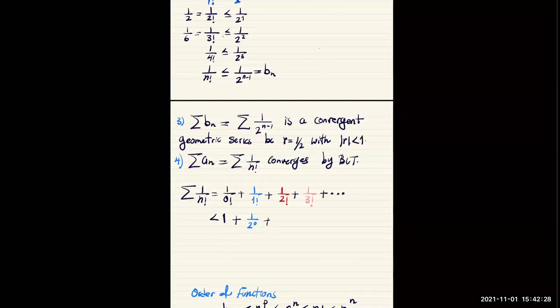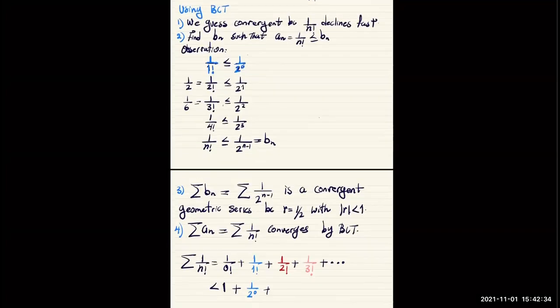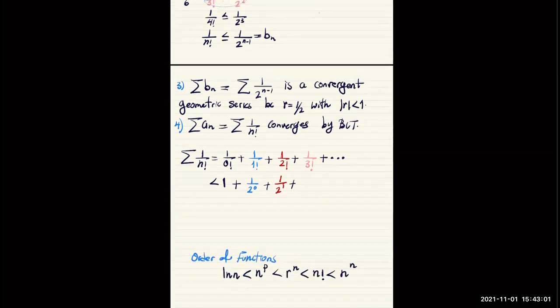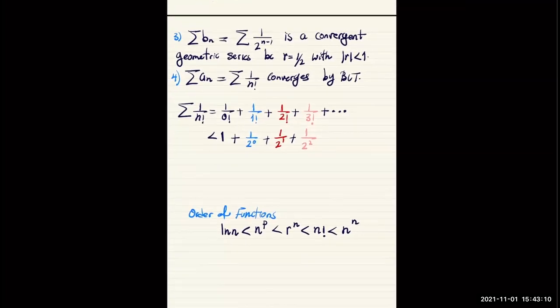And 1/2 factorial, from the previous page, is less than 1/2 to the power of 1. Then we have plus 1/3 factorial, which from the previous page is less than 1/2 to the power of 2. And the next one would be 1/2 to the 3 and so on.